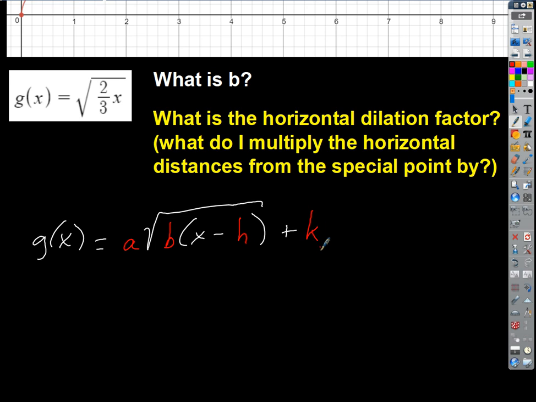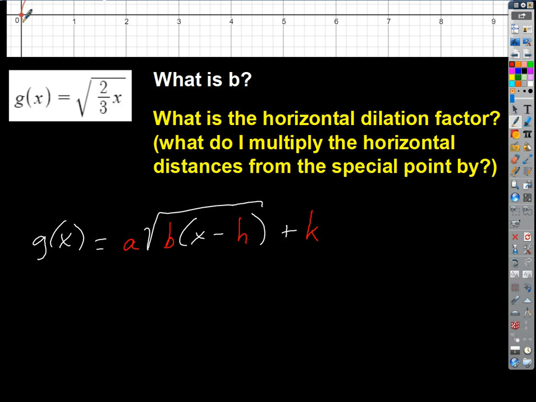Those 4 parameters tell us everything we need to know about any possible square root graph we can draw, right? What do h and k do? Good, horizontally and vertically. And being as the starting point, or special point, for the parent graph is at the origin, if I scoot it horizontally by h, well, that's just going to be the x-coordinate of where that vertex ends up, right?